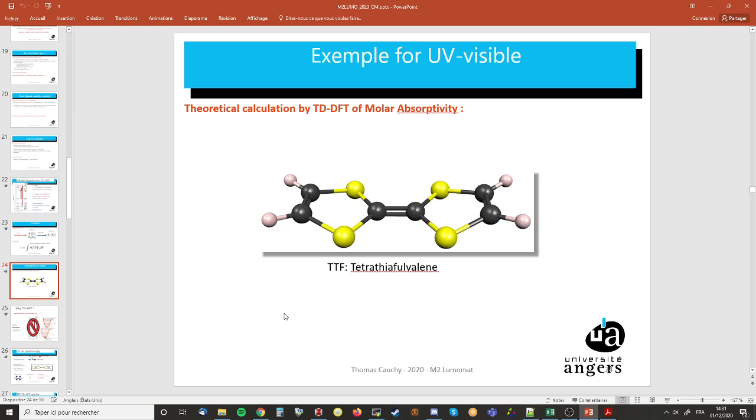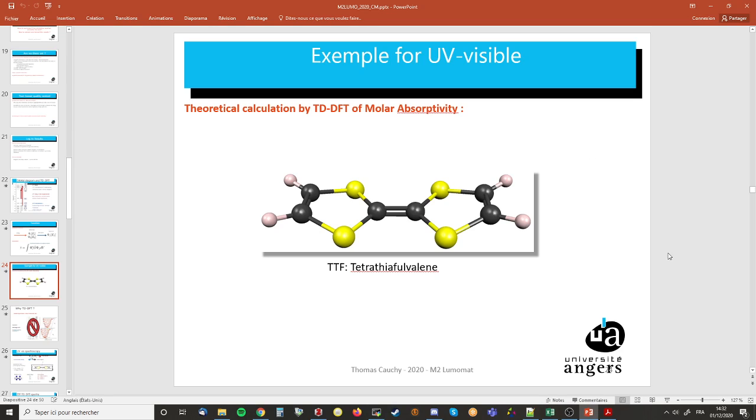It's the first organic compound where we observed electronic superconductivity. That means that in a molecule like that, the electrons are quite localized on the atoms, but however there is a pi stacking that forms a band structure, and since the TTF can lose one or two electrons, if you lose one electron, you can have a half filled band and you have some conductivity.